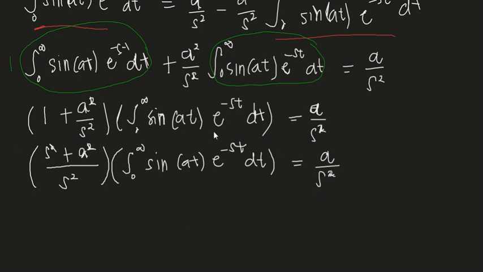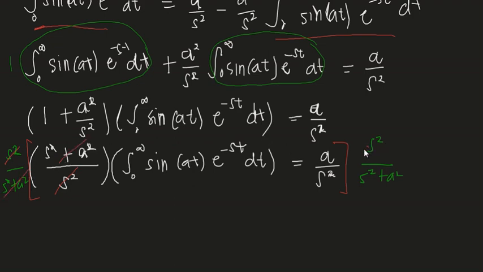So multiply kita sa reciprocal sini. So we will have, reciprocal niya will be, we will have s squared all over s squared plus a squared. So pwede na kita maka-cancel. So s squared cancel out. S squared plus a squared cancel out.